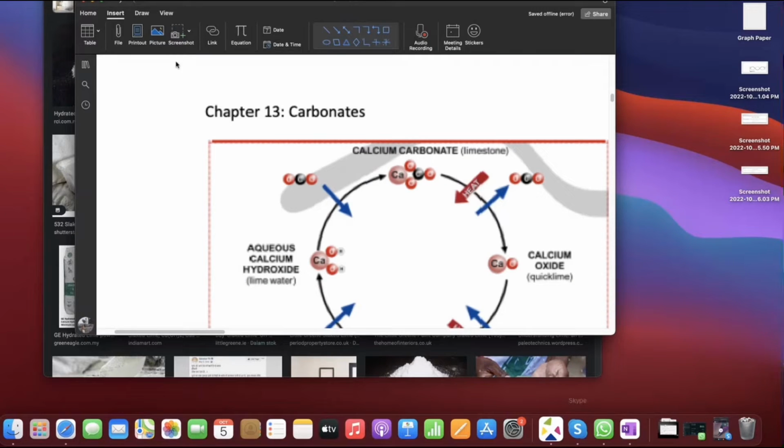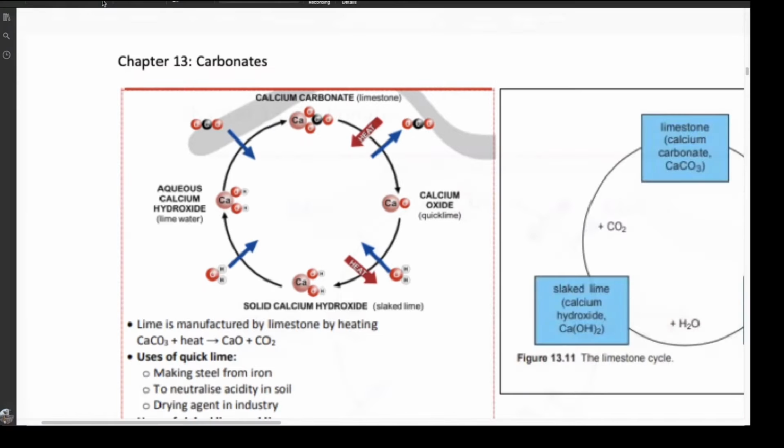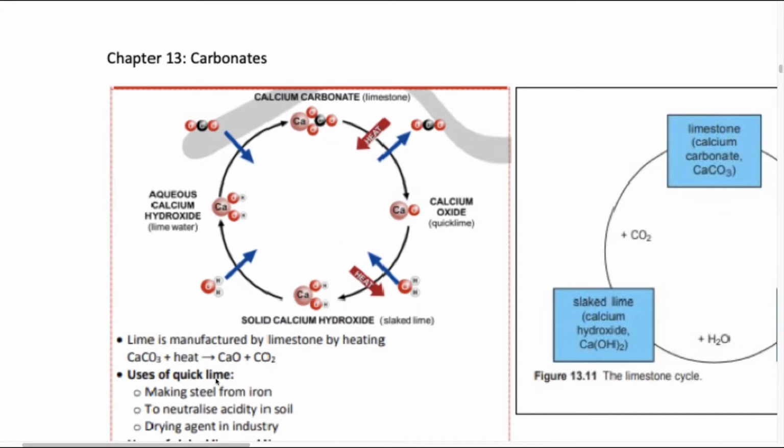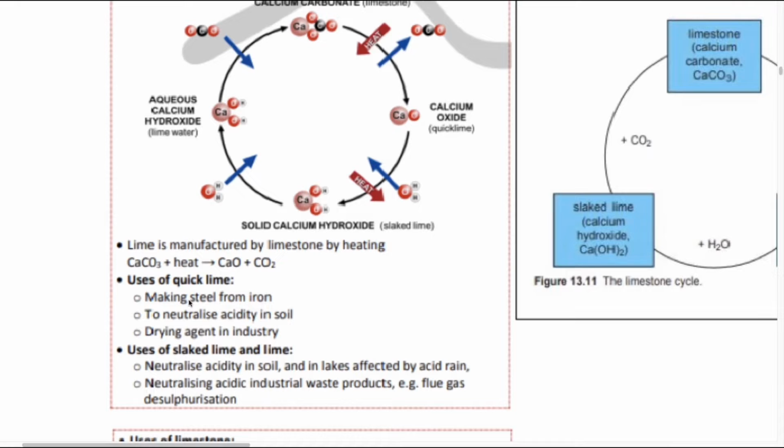Now let's move on. If you understand the process just now where calcium oxide reacts with silica, then this point should make sense as well: neutralizing acidity in soil. The soil has acid, for example silica. So the calcium oxide, which is a base, will neutralize the acid.